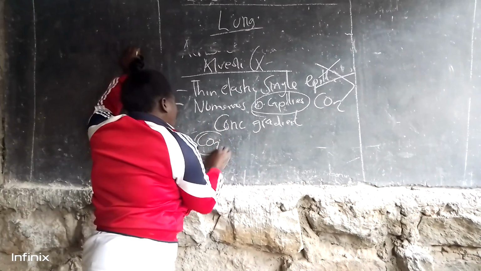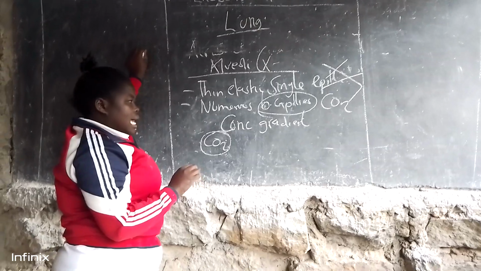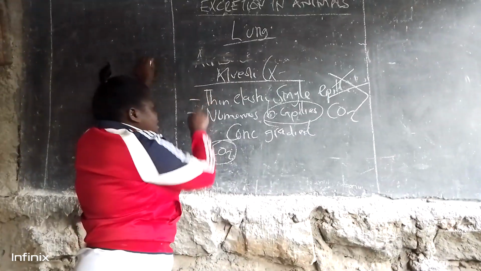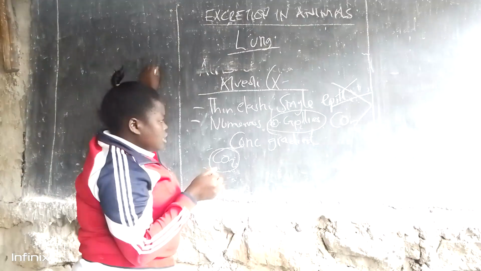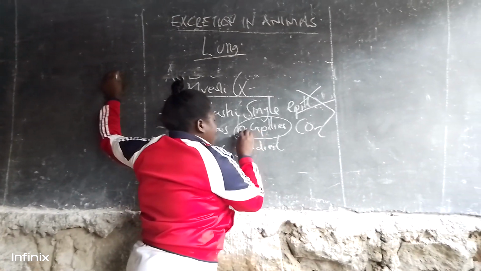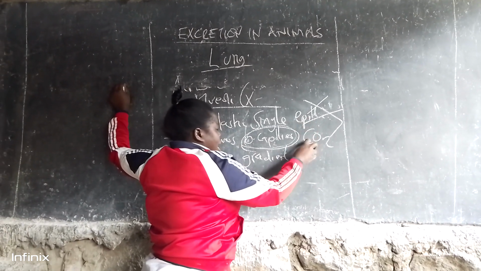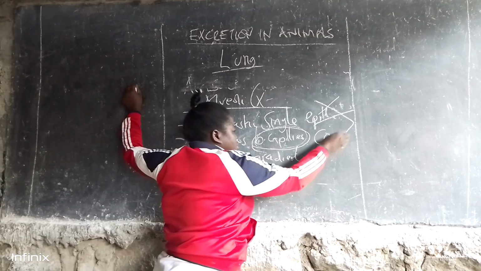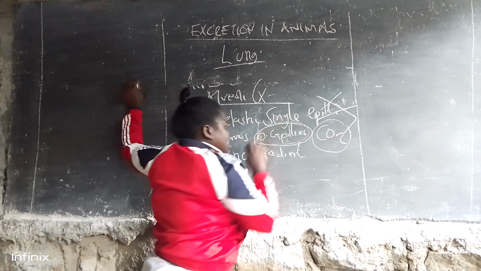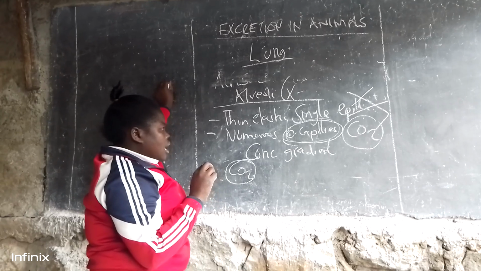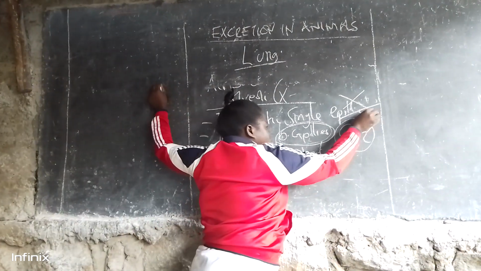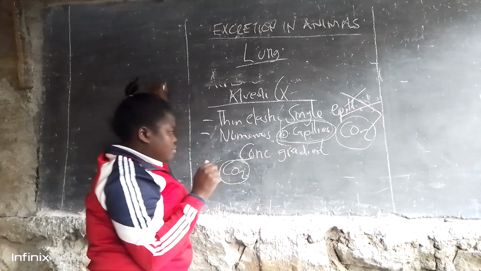So we want to know how CO2 is excreted from the lung of birds, reptiles, even amphibians. We said that blood capillaries beneath the epithelium have a higher concentration of CO2 than whatever is inside the epithelium, even inside the alveoli itself.